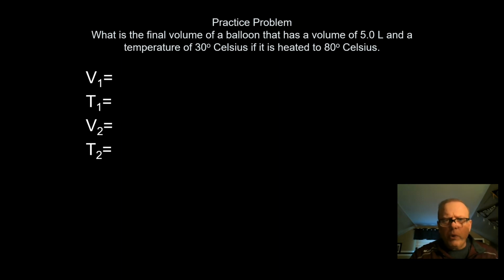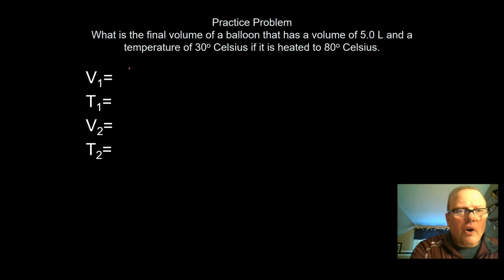Okay, now I'm going to show you a practice problem here. What we have here is an initial volume of 5.0 liters and an initial temperature of 30 degrees Celsius. This 30 degrees Celsius would be 303 Kelvin.